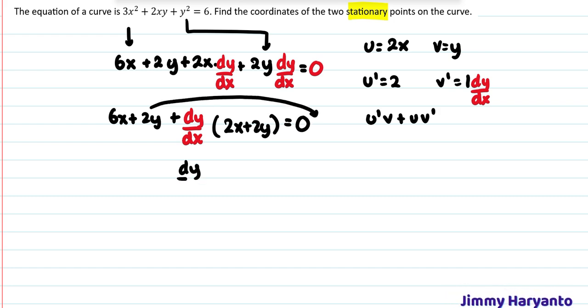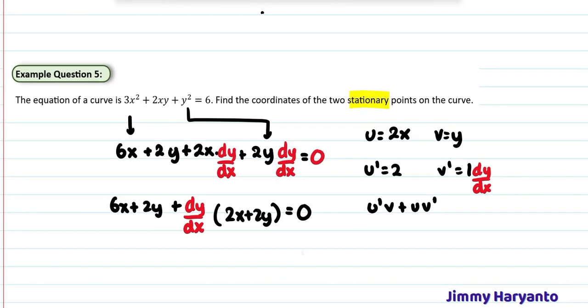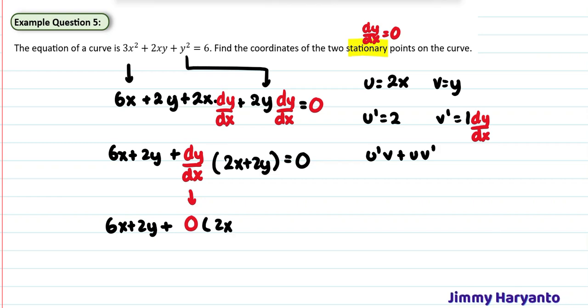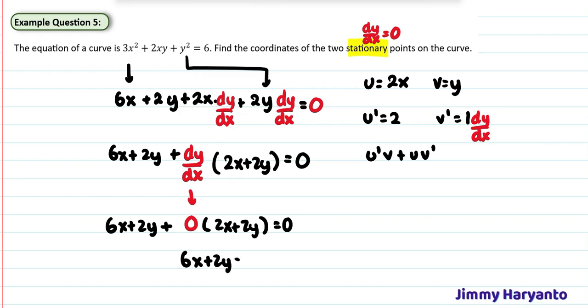That means we have dy over dx. Oh wait, I changed my mind, because the question already said stationary. Stationary means dy over dx equals 0, right? That means we can replace this one with 0 directly. So you will only have 6x plus 2y plus 0 times 2x plus 2y equals 0. This one becomes 0, so 6x plus 2y equals 0.